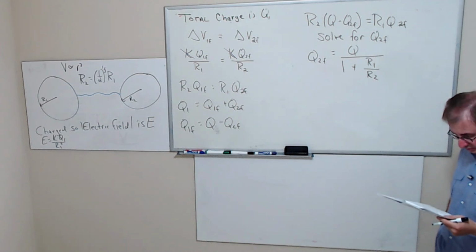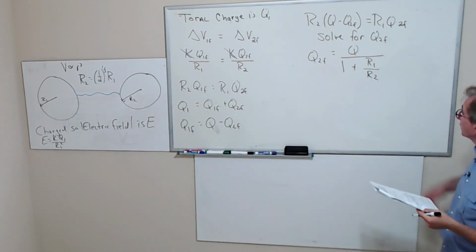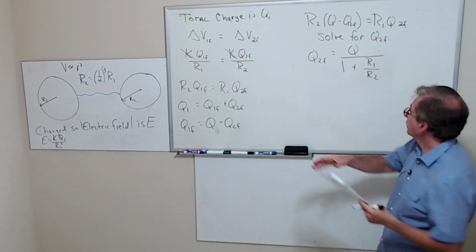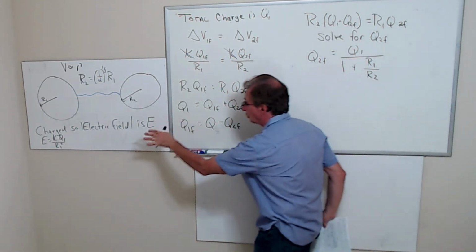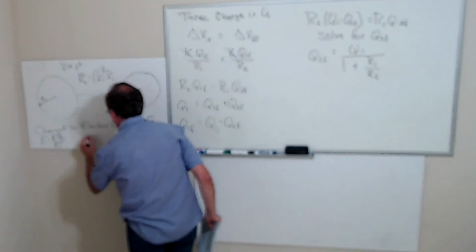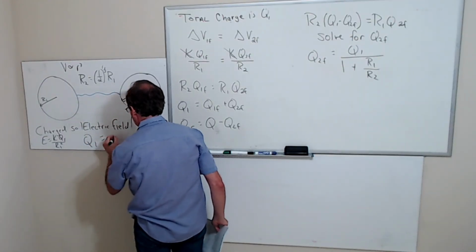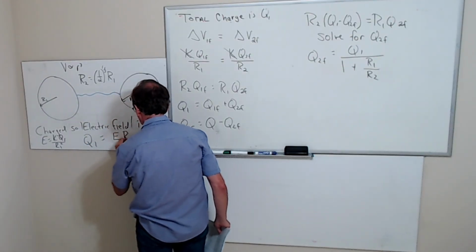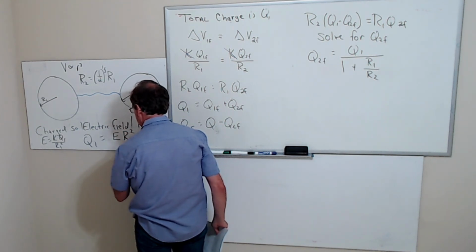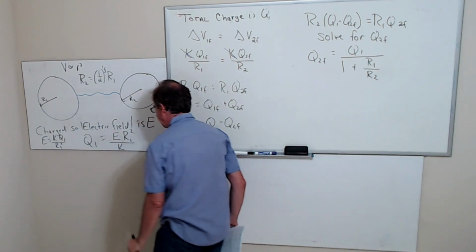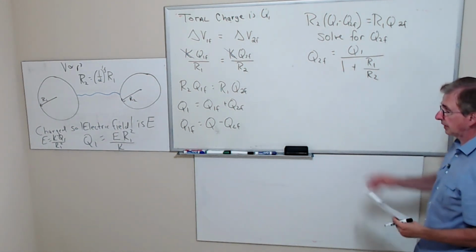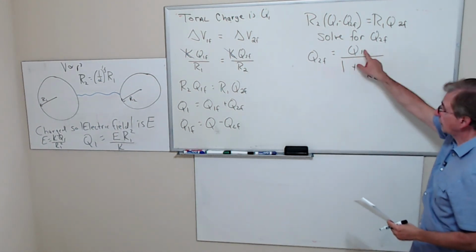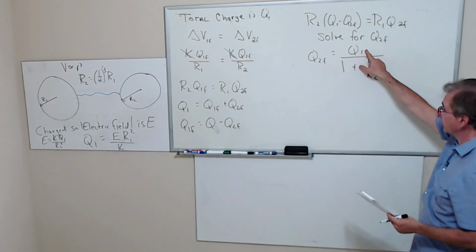Now Q1, I'm sorry, I should write as Q1. Now Q1 is going to be E times R1 squared over K, based on what we had initially. So I can put down the expression for Q1 up here.